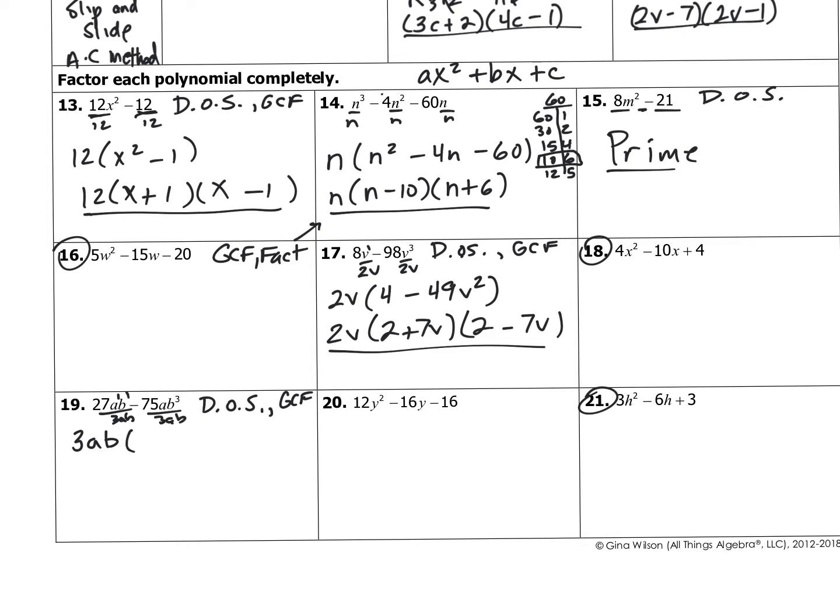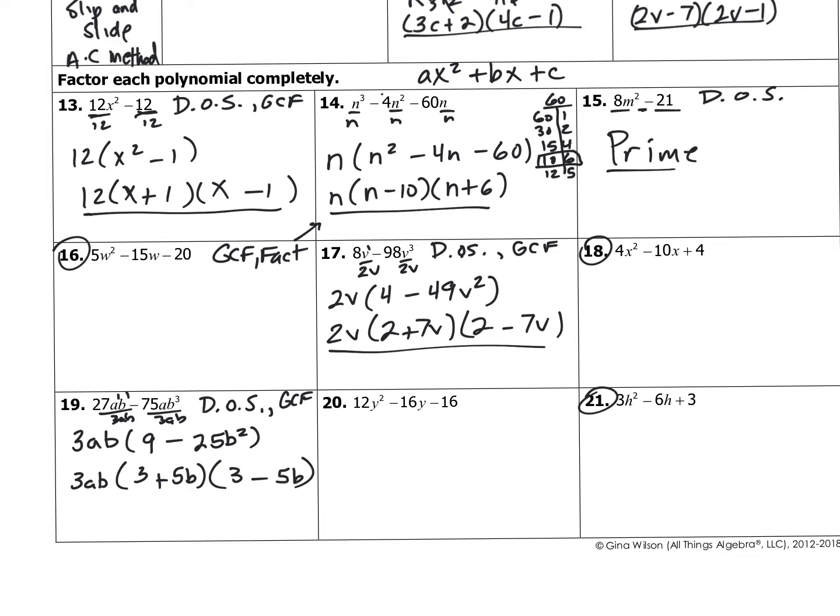And when I do that, I get 9 minus 25b squared. And 9 minus 25b squared is a difference of squares. So I can rewrite this as 3ab times 2 binomials. One's addition, one's subtraction. The square root of 9 is 3, and the square root of 25b squared is 5b.